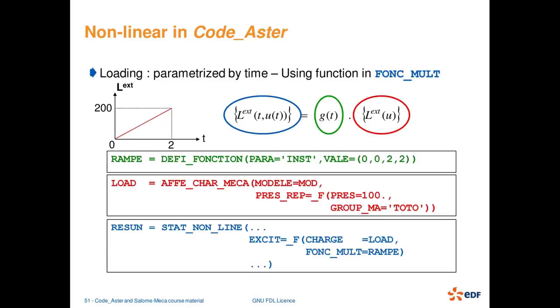Now, as I told you, we need to express the load as some function of time, and that function is called the multiplier function, FONC_MULT, this is the keyword, so that at any time t, the load, which is a function of time and deformation, is given by some multiplier function multiplied by the external load at t.